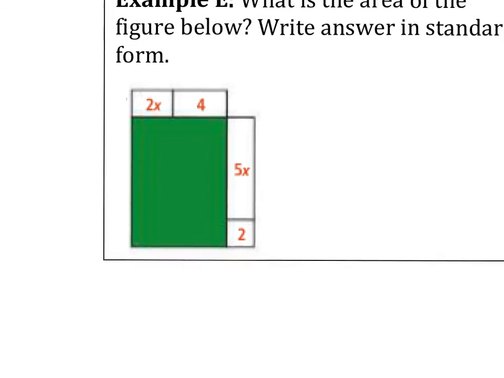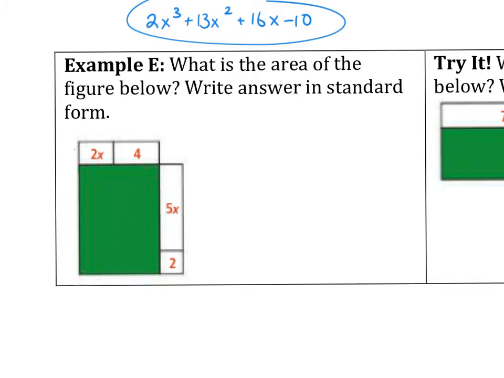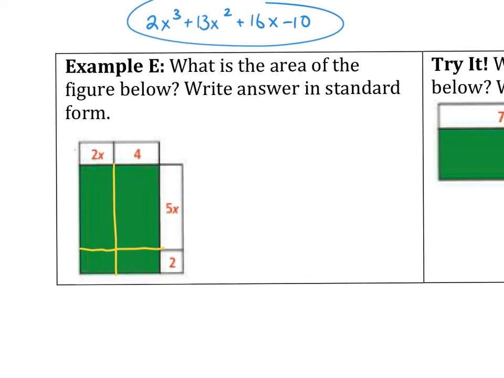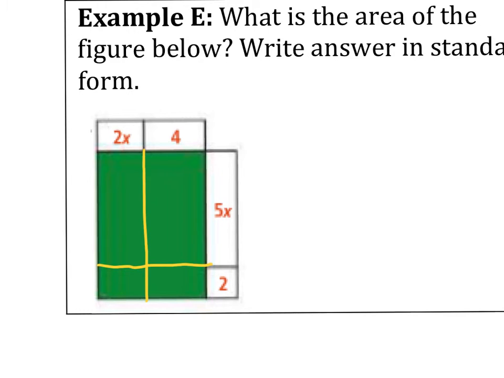So if you were asked to find out the area of this, then all you do essentially is do area model or the grid method, same thing. So I'm going to draw in the squares here, or the rectangles, excuse me, just so that you can see that all we're doing is multiplying things out. So 2x times 5x is 10x squared, so that goes there.